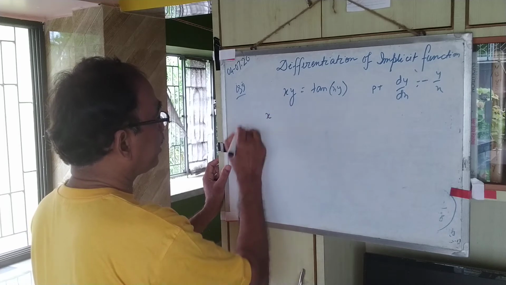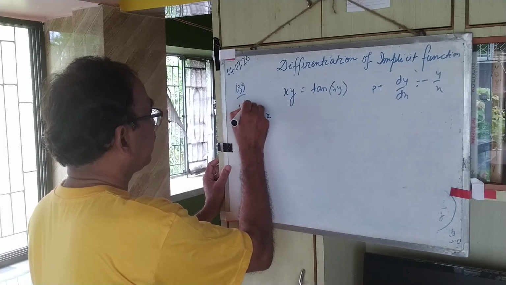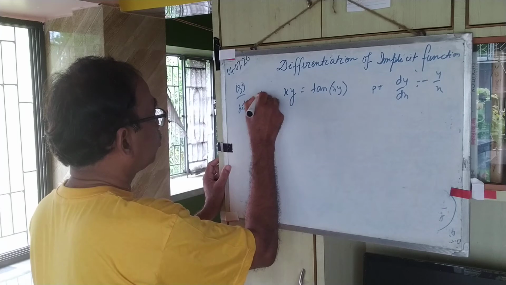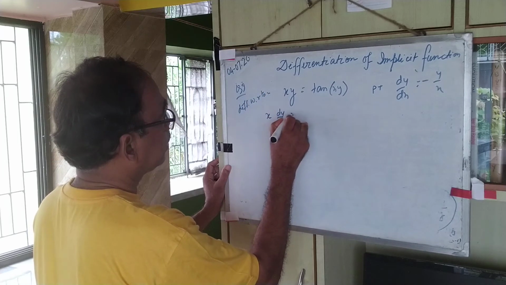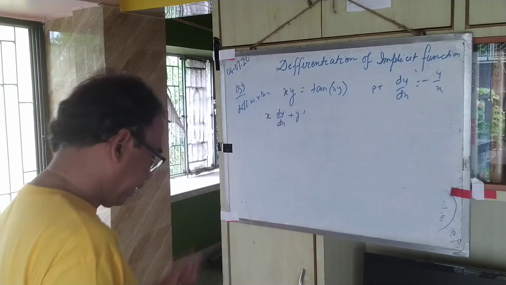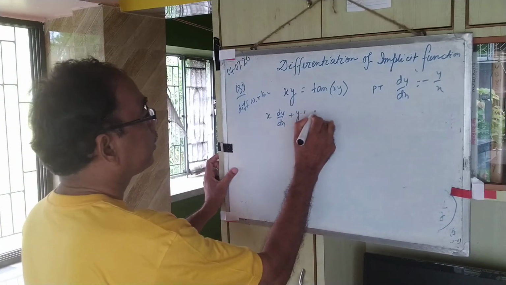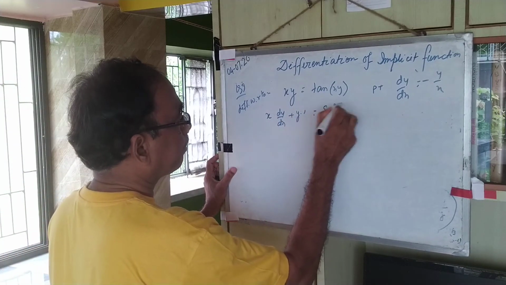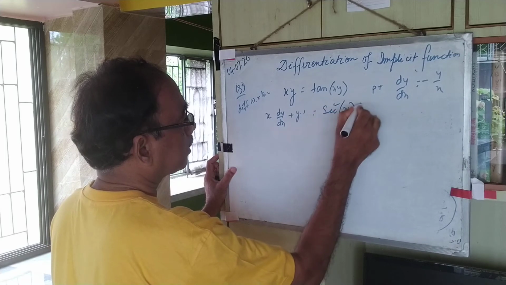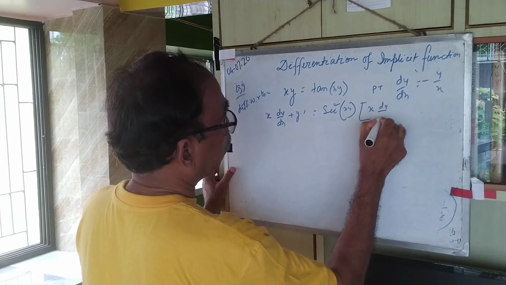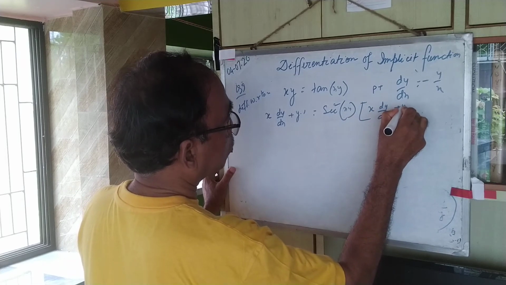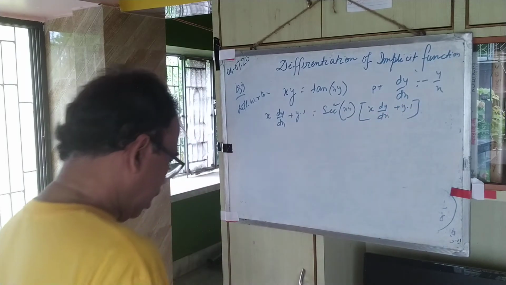X is constant, differentiating with respect to x: x constant into dy by dx plus y constant into x derivative 1. Tan derivative is sec square xy, and xy derivative is x dy by dx plus y into 1.